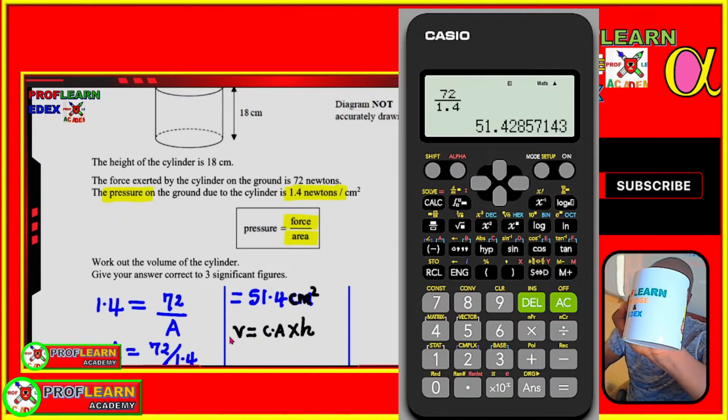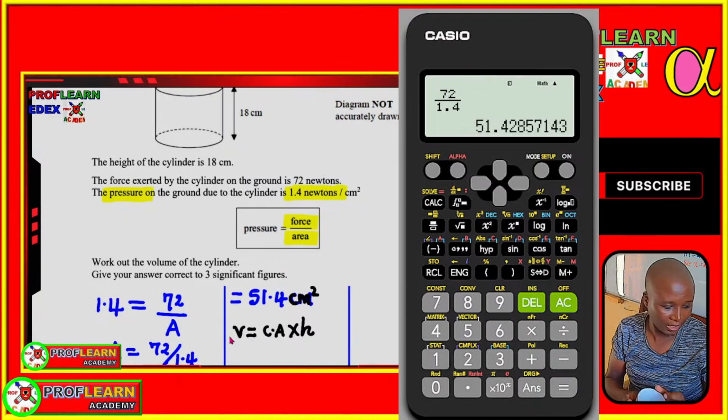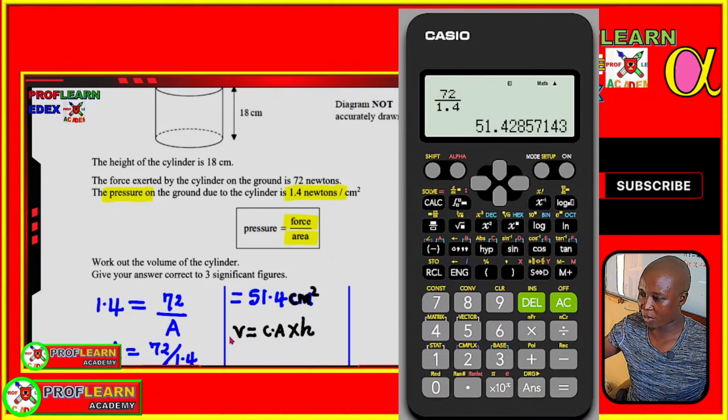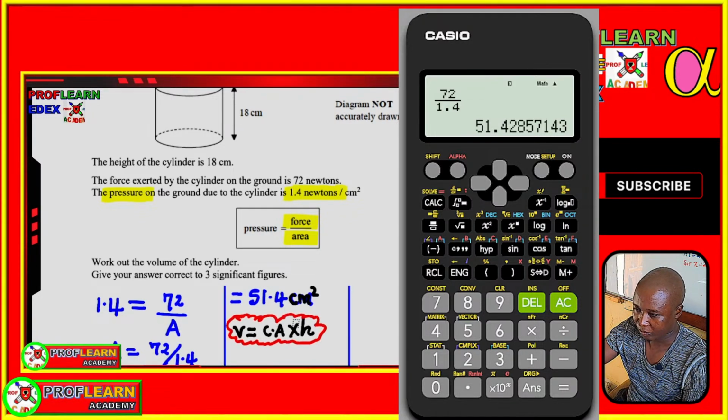Cross-section area times the height, base times height. This is the formula we shall be using in this case.